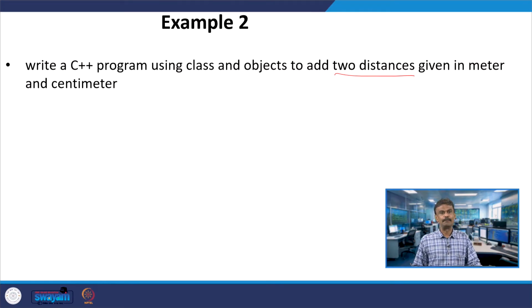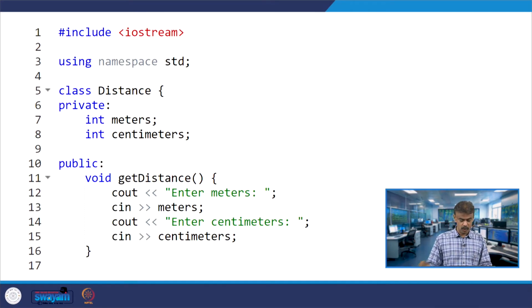When you add both, what is the output that you are going to get? Here we use 2 member data, meters and centimeters. Now, 4 or 5 programs we have seen, so you are now familiar with member data and member functions. The class is Distance.